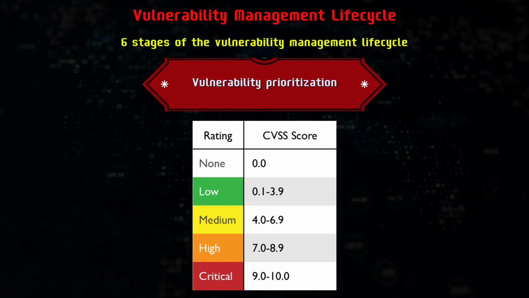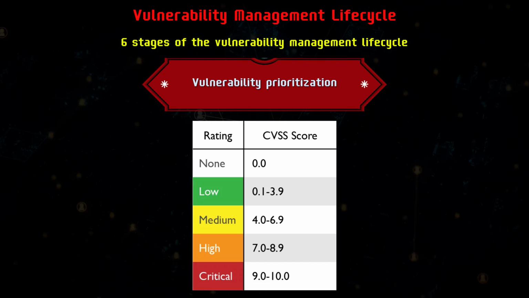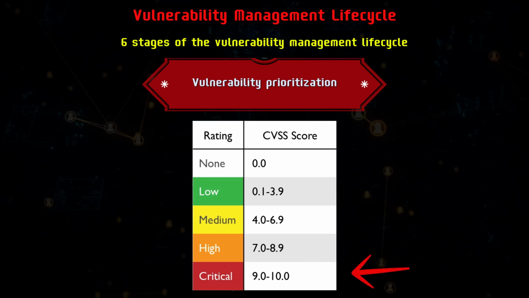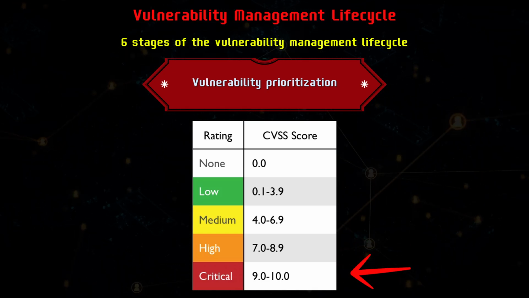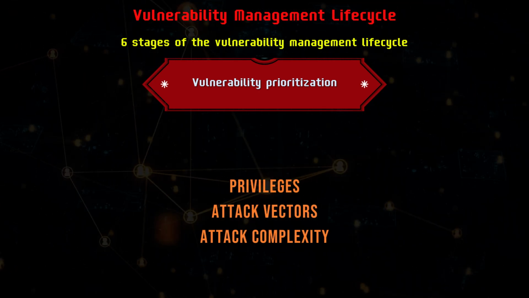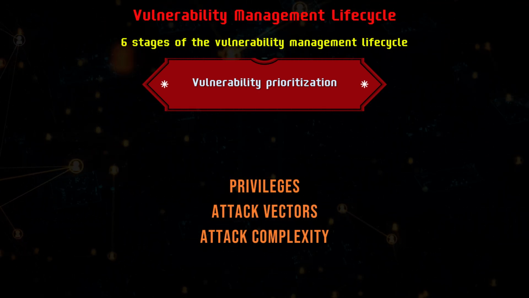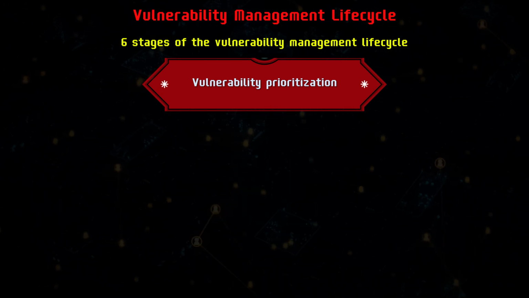This score is supported by a number of techniques that produce numerical values ranging from 0 to 10, where 10 represents the most serious vulnerability. The CVSS considers a number of variables before producing a score, including privileges, attack vectors, and attack complexity. We already discussed this in previous lectures.